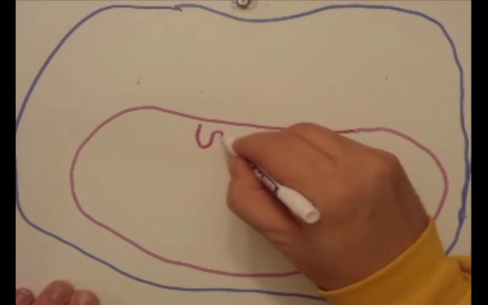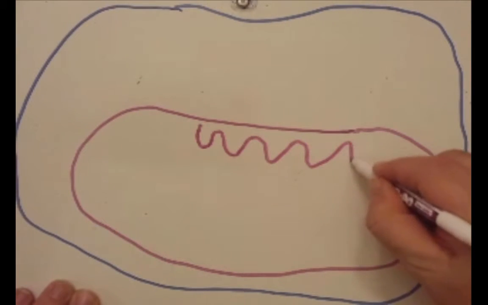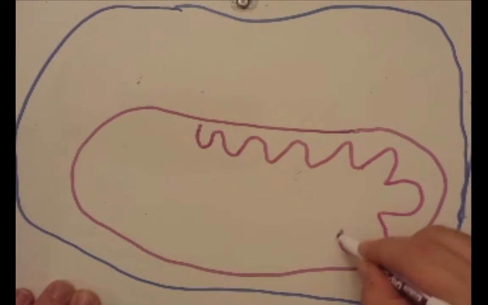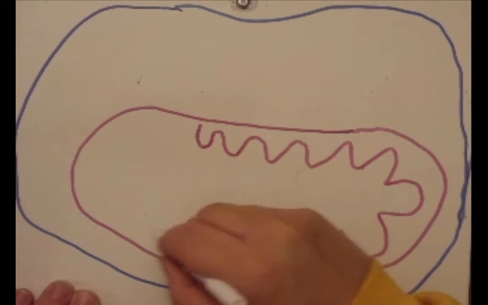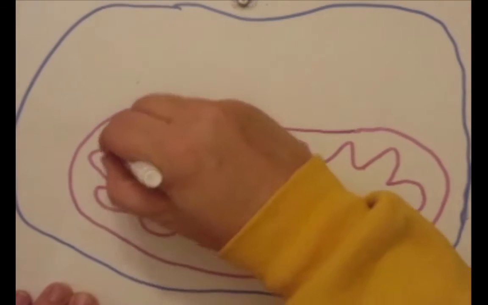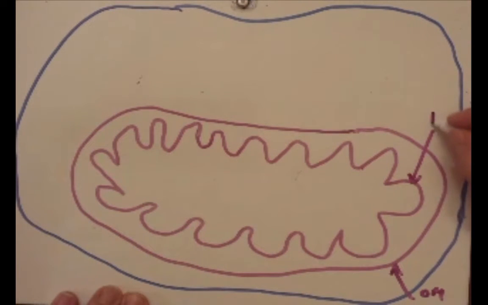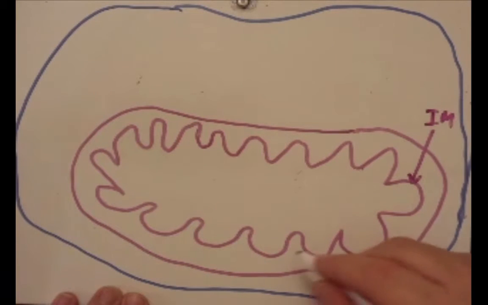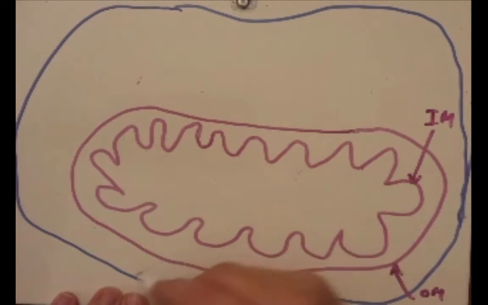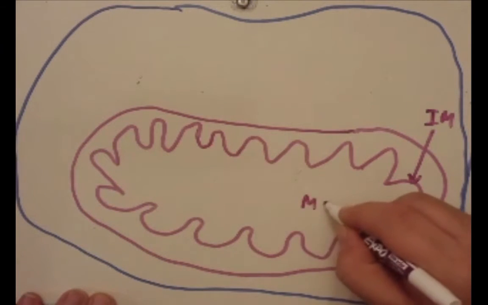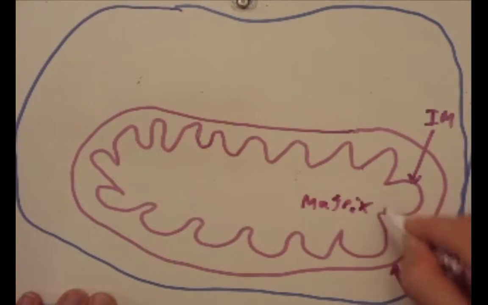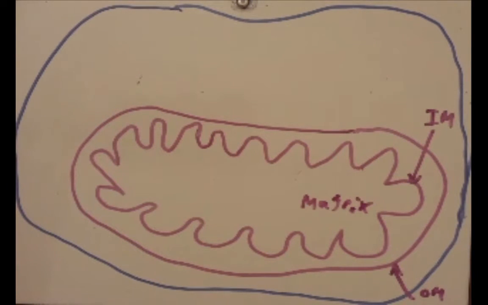And I'm going to draw our cristae here, our inner membrane. Just to remind you, this is our outer membrane. This is our inner membrane, and this is our matrix. I may erase that in a moment because I may need the space, but that's our matrix.